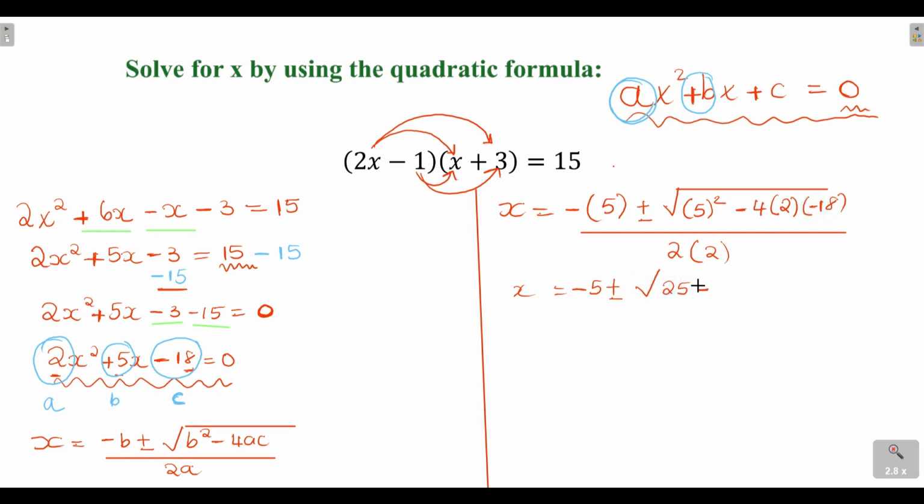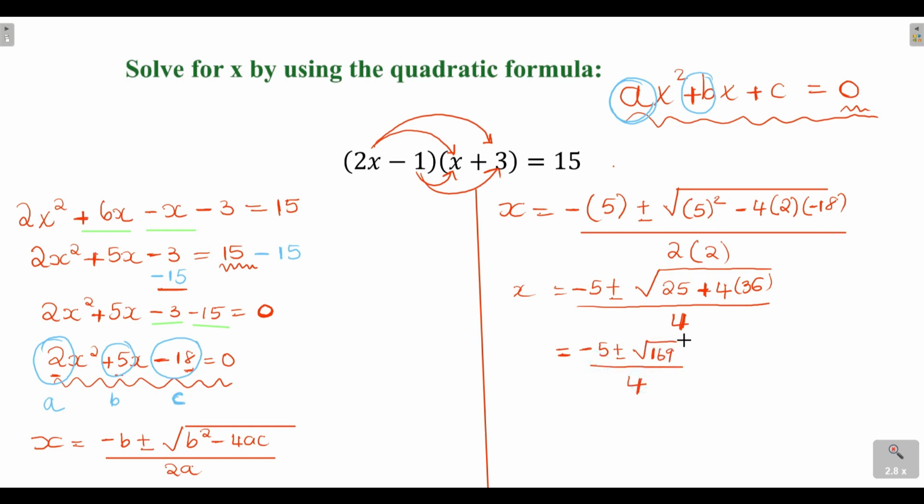A minus times a minus is a plus, and 2 times 18 is 36, so it's 4 times 36, all over 2 times 2, which is 4. Simplifying under the square root: 25 plus 144, since 4 times 36 is 144, gives us 169, all over 4.